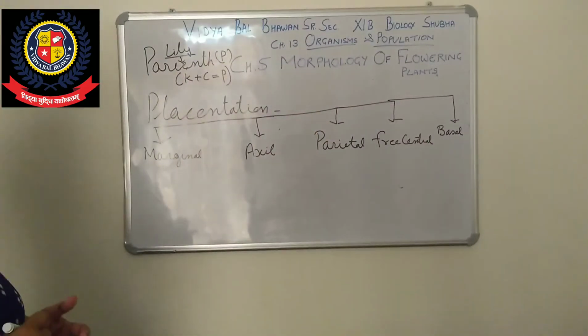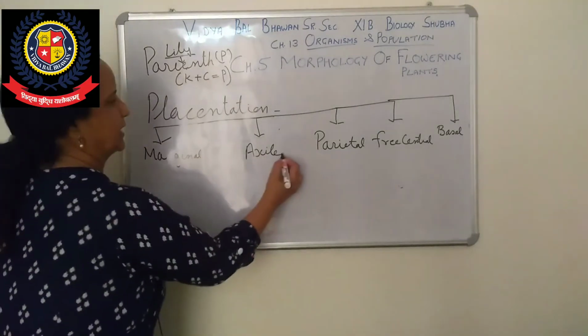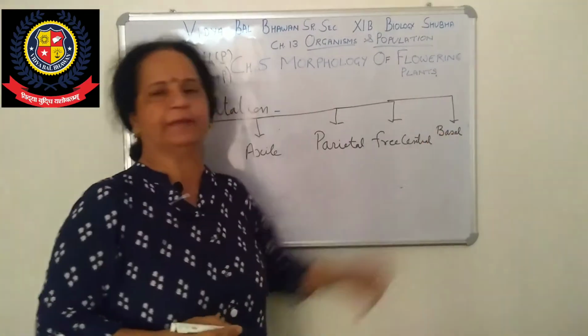These are the five types: marginal, axile, parietal, free central and basal.